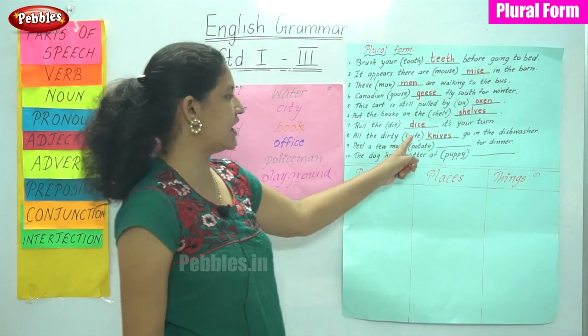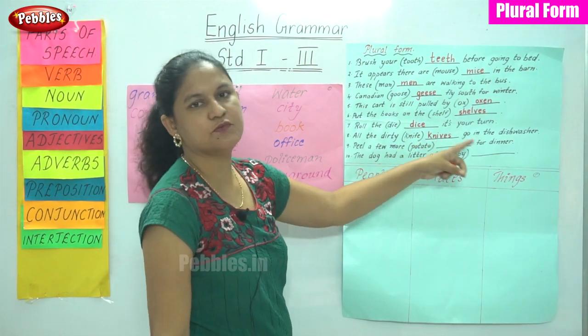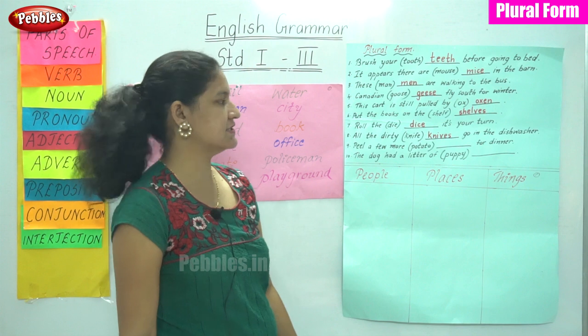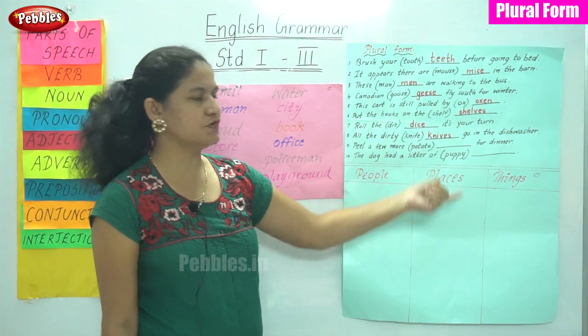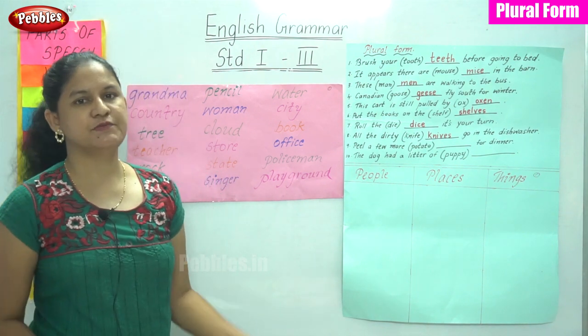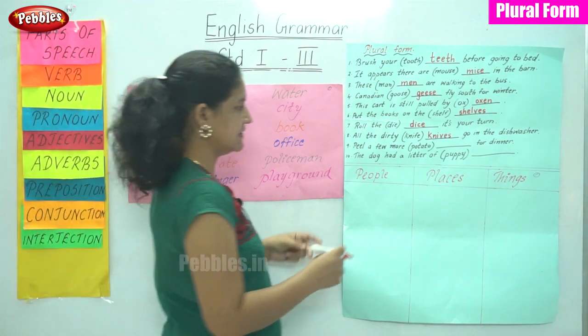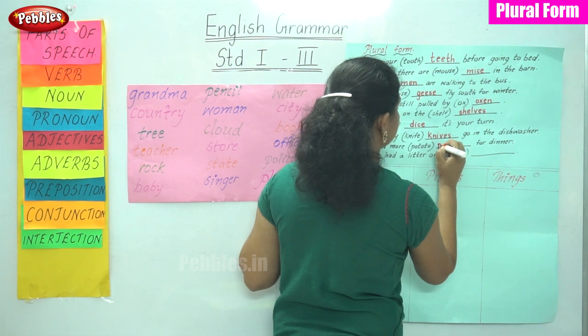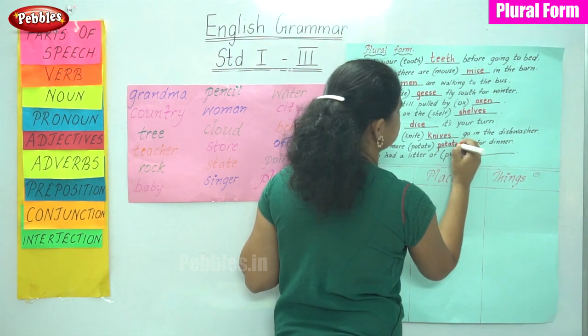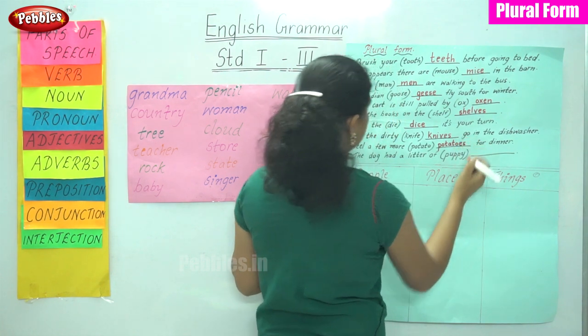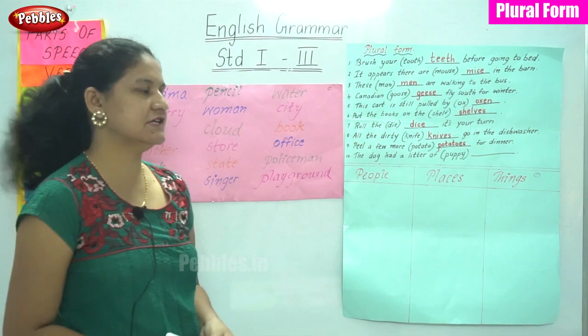We drop the FE and we add VES in its place. The next sentence: peel a few more potato for dinner. For potato we add ES to convert it into plural. So it becomes potatoes. Peel a few more potatoes for dinner.